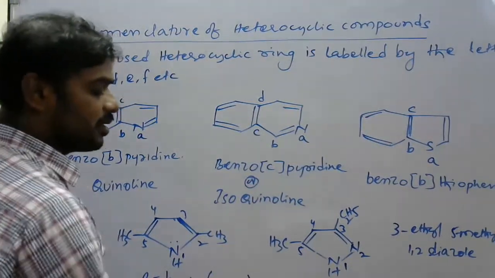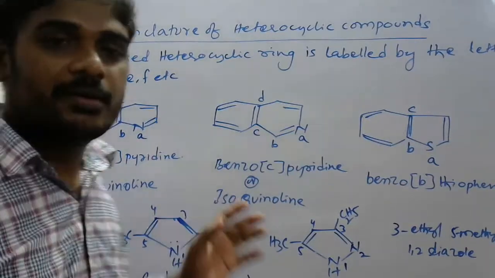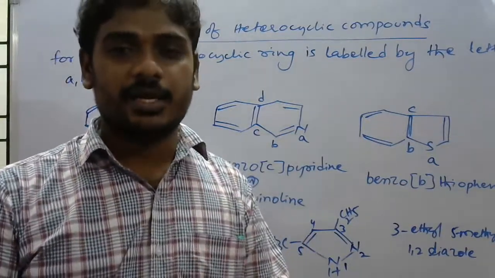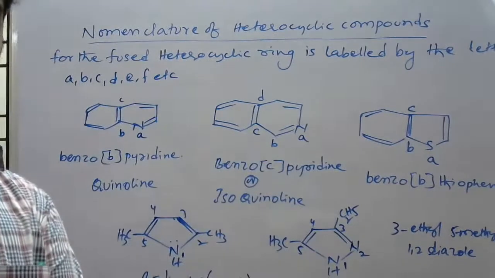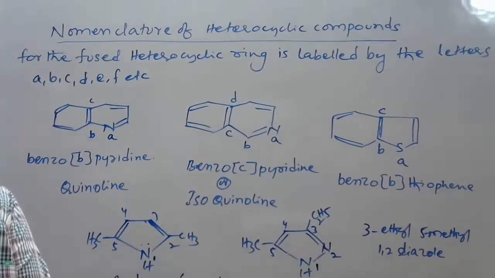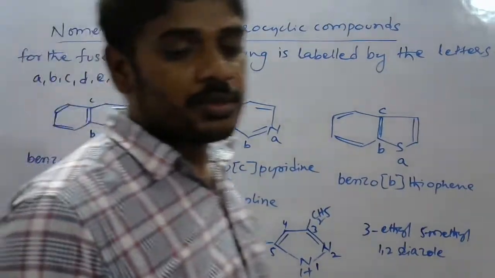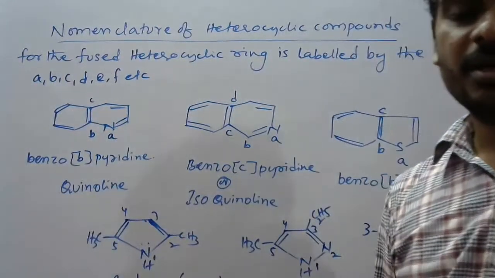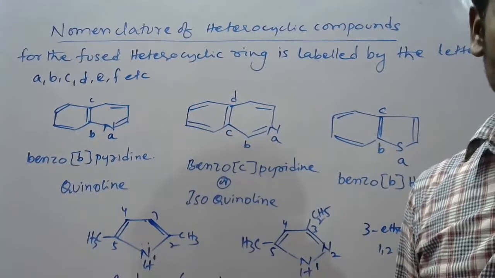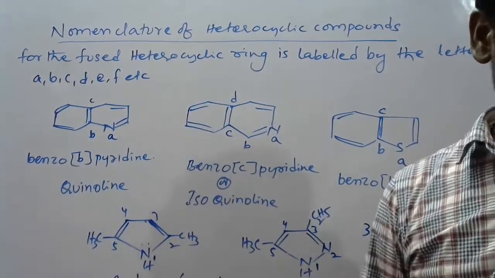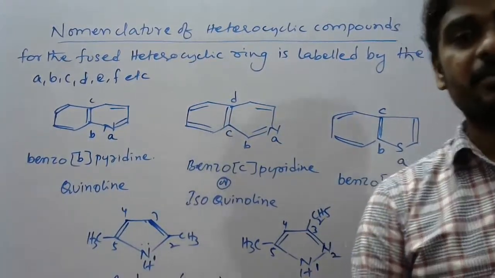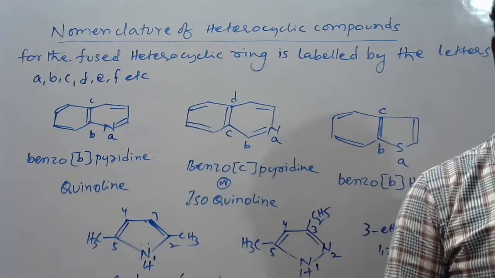Aza means nitrogen, and zole means a five-membered ring. A nitrogen-containing five-membered ring is called an azole. In a heterocyclic ring, the maximum number of unsaturated double bonds is present.